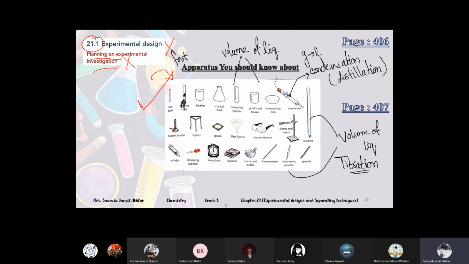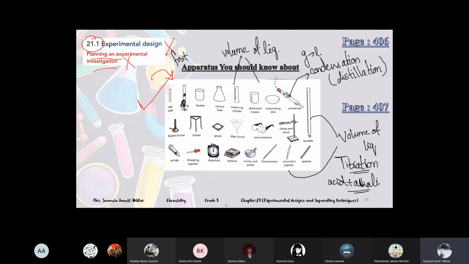Do you know what neutralization is? When acid and alkali are mixed together to form a neutral solution, they cancel each other's effect. Salt and water are formed. So neutralization is when acid and alkali are combined with each other. Doing neutralization in the laboratory, the experimental method is known as titration, and these two apparatuses, burette and pipette, are used in titration.